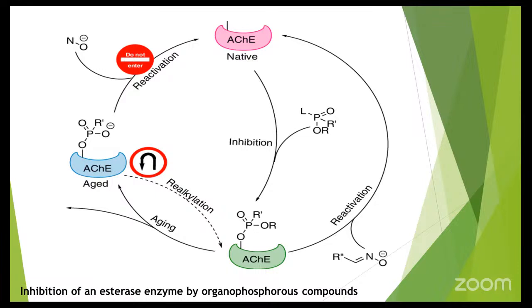This is known as aging. Aging occurs since the alkyl group is removed from the organophosphorus portion of the molecule, thus making the inhibited enzyme more stable.